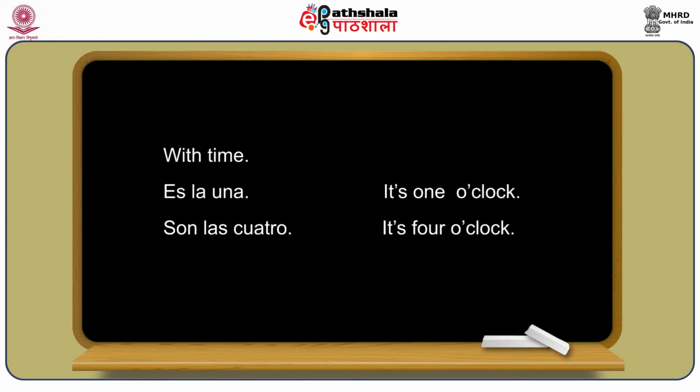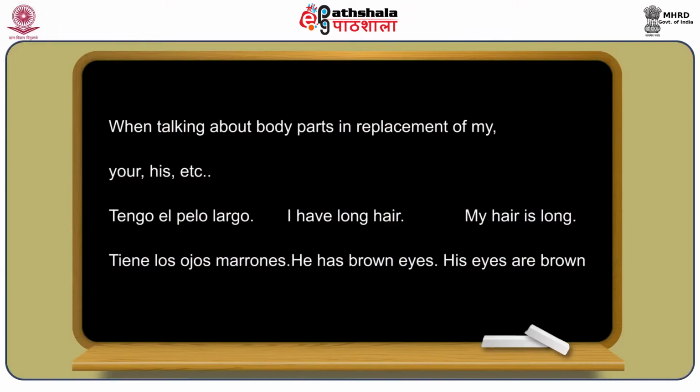Es la una means it's 1 o'clock, and son las cuatro means it's 4 o'clock, and with other times as well. And it's used when talking about body parts in replacement of my, your, his, etc.